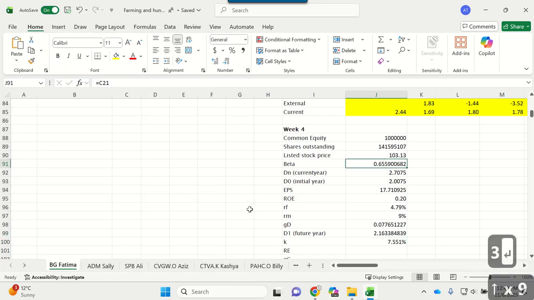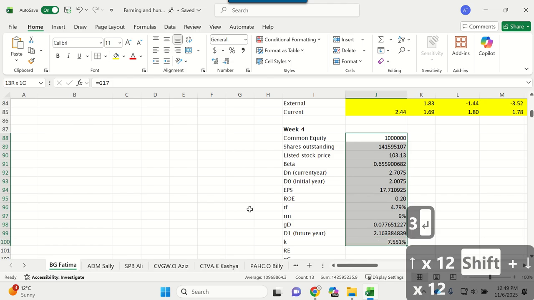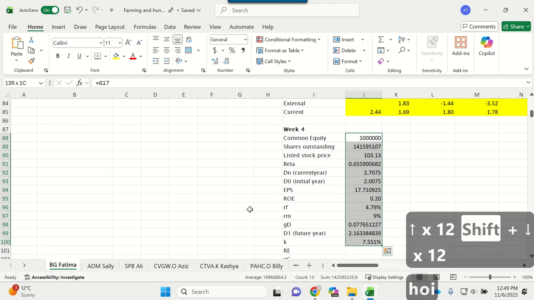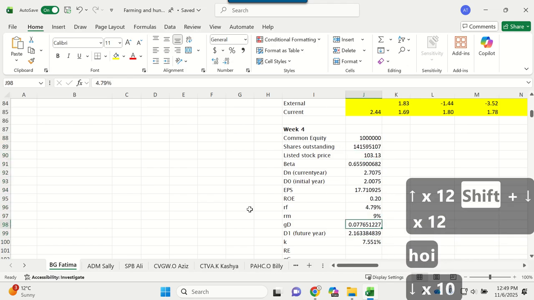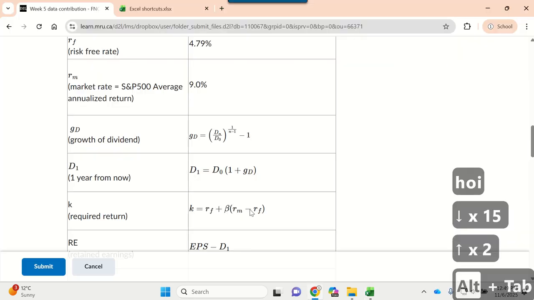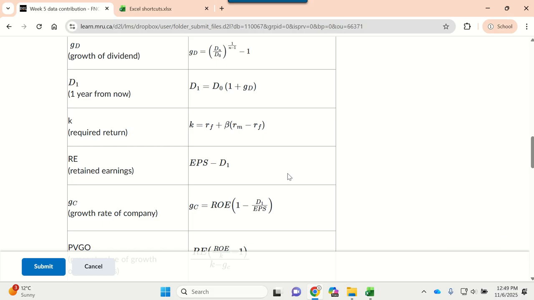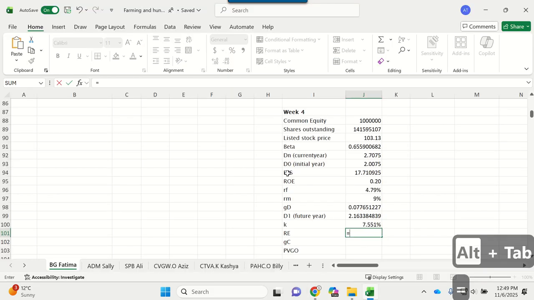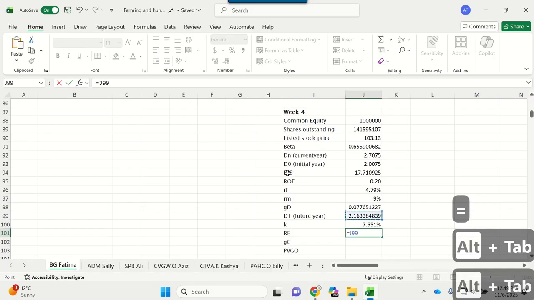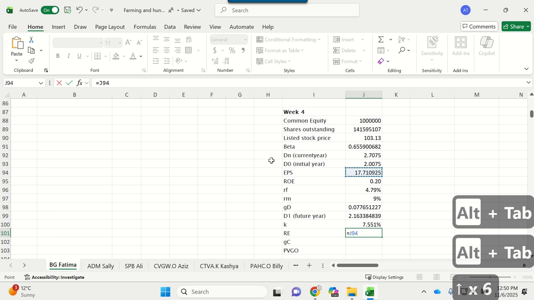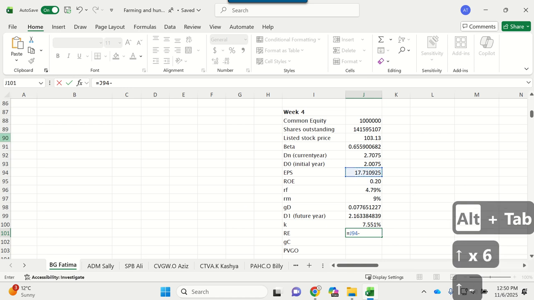And then I'm going to make this column Alt HOI, so it's back to a normal size. Good. Now for the retained earnings, it's EPS minus the dividend next year. So equal the EPS, is that one, minus D1.